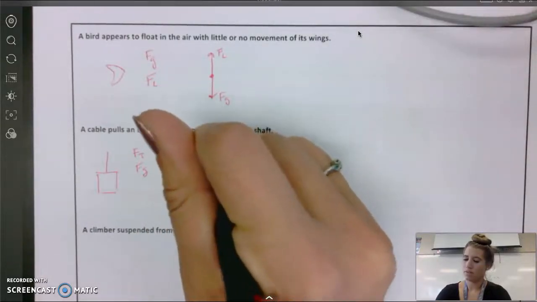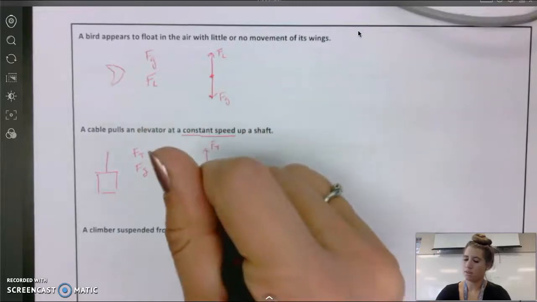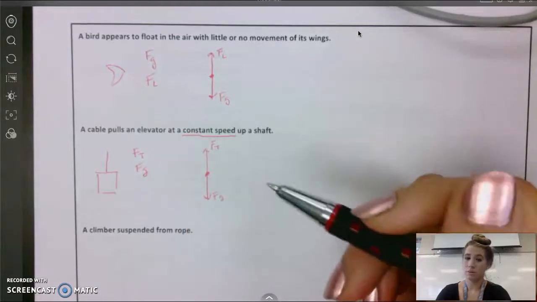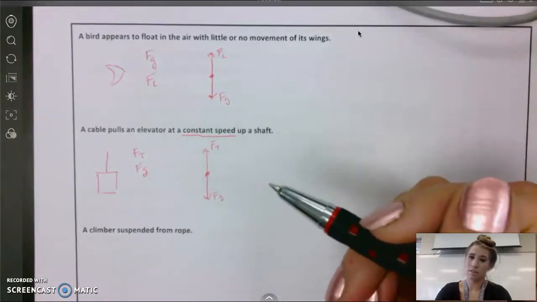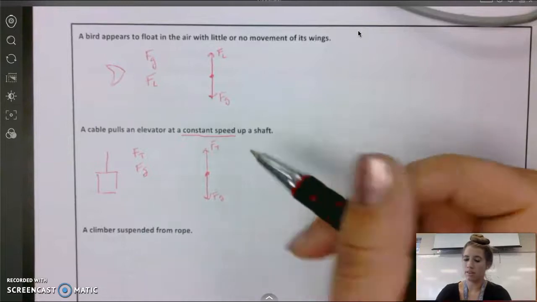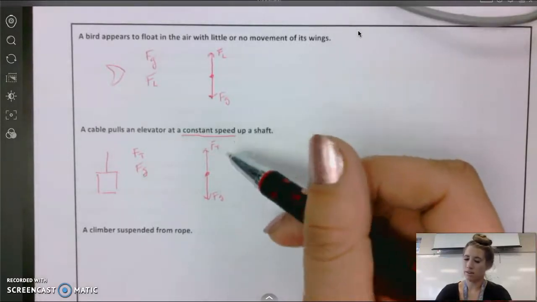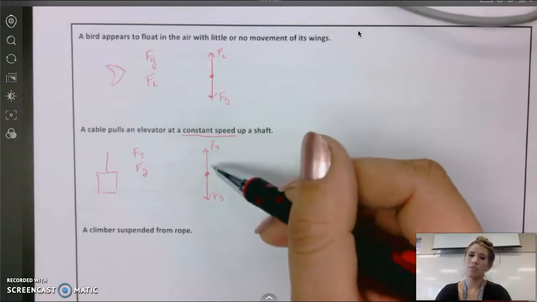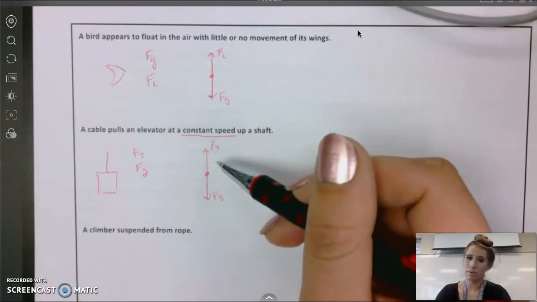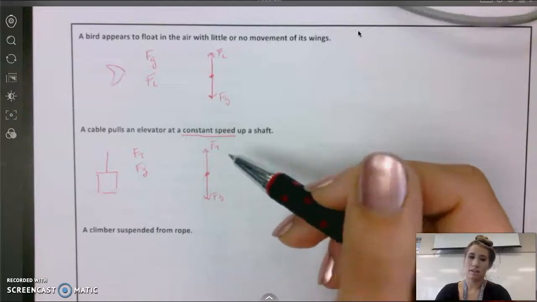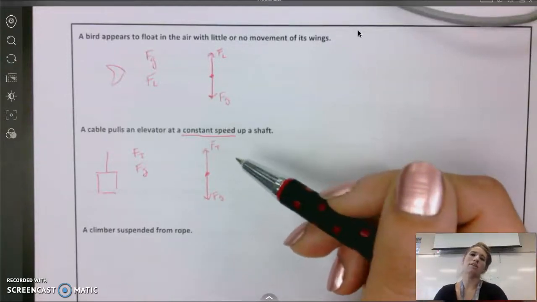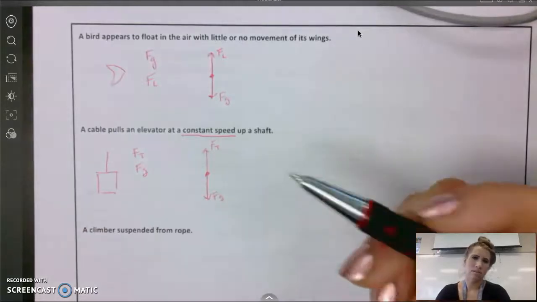We have force due to tension, and we have force due to gravity. They are equal in length because their magnitudes are the same, they're just in opposite directions, and that's what makes it a constant speed. Now, if this arrow was larger, that would mean that it's not in equilibrium and an acceleration would be happening. It wouldn't be moving at a constant speed, it would be accelerating up the mine shaft.